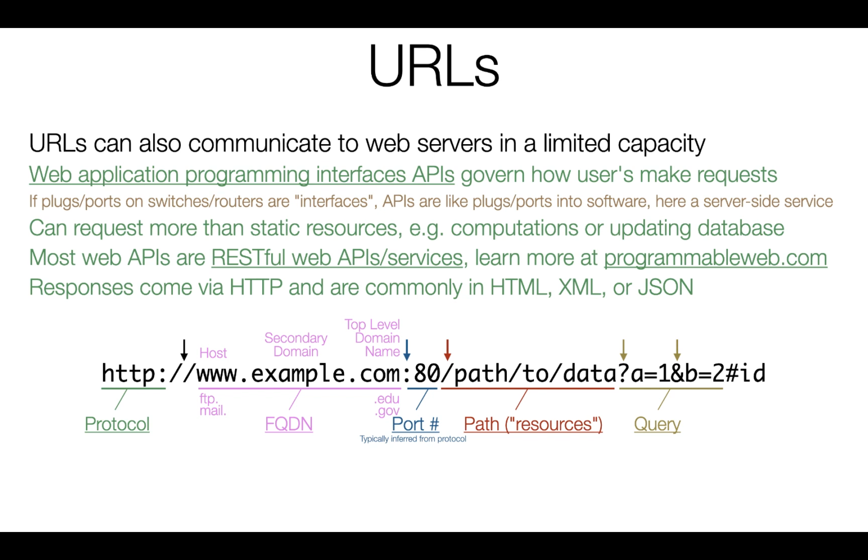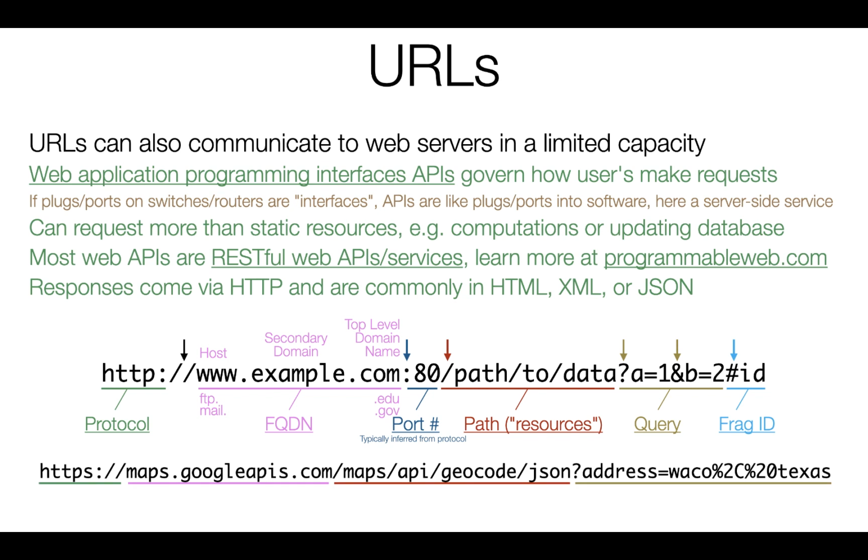The query is a sequence of key value pairs that are identified with equal signs and joined together with the ampersand. So this is kind of like calling a function where the argument A is equal to 1 and the argument B is equal to 2. But it has to say that in a string. That's how you actually embed these things in URLs. Lastly, the hashtag followed by the ID. This is going to denote a kind of session labeled fragment ID and usually is not going to be of interest to us. As an example of what something like this may look like, here is actually a real-life URL pulling some information about Waco, Texas from Google Maps.